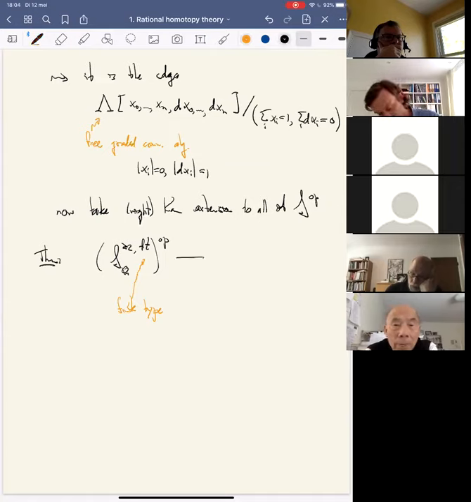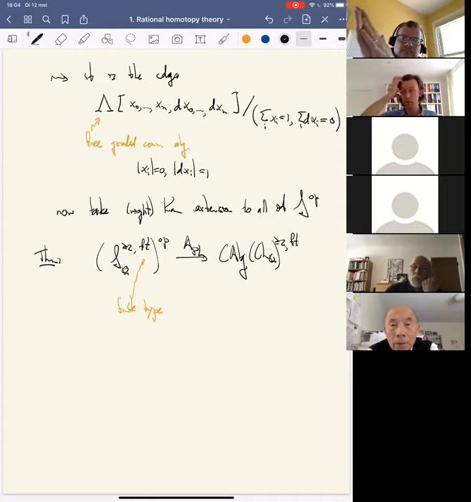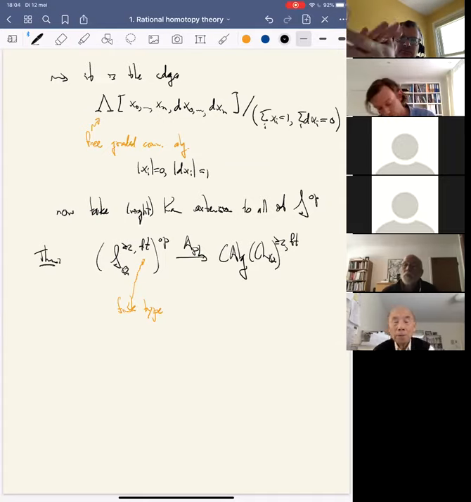Okay, so this APL functor goes from here to these CDGAs over Q. So these will also be simply connected and of finite type. And the theorem is that this functor is again an equivalence.